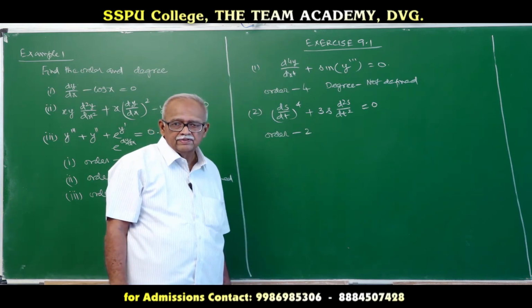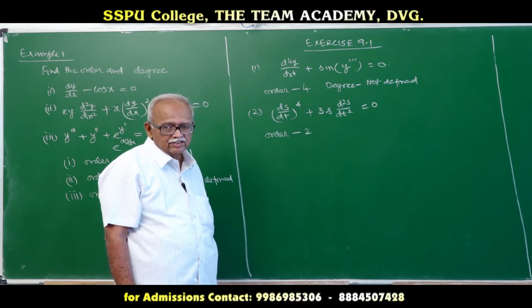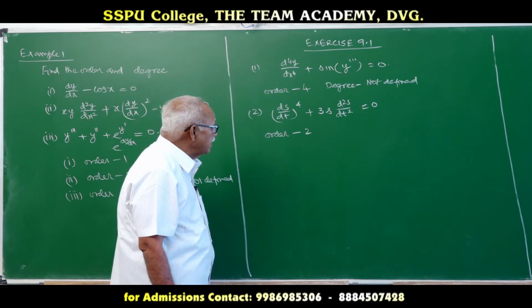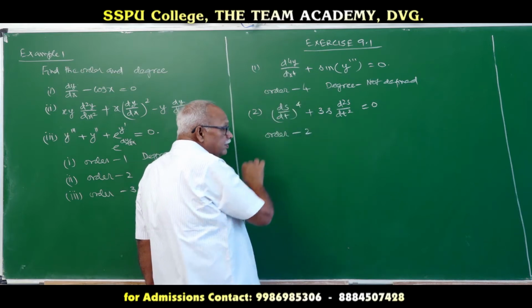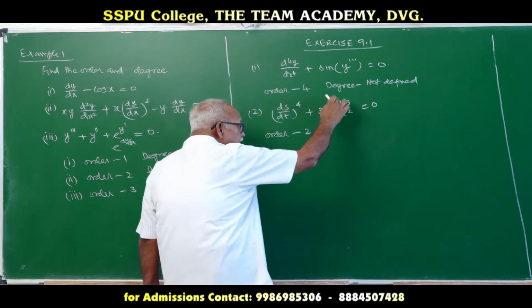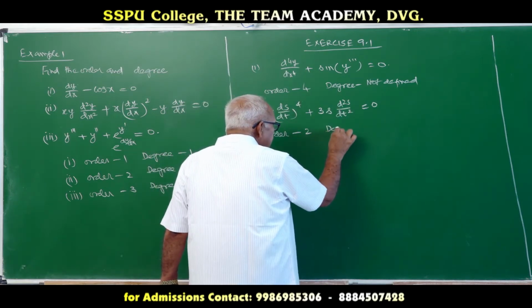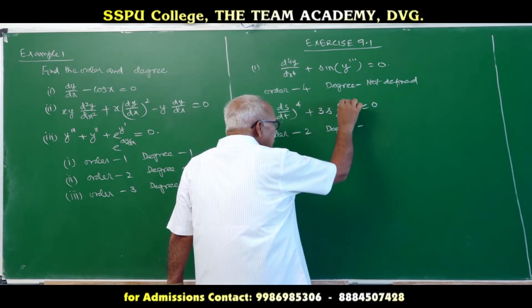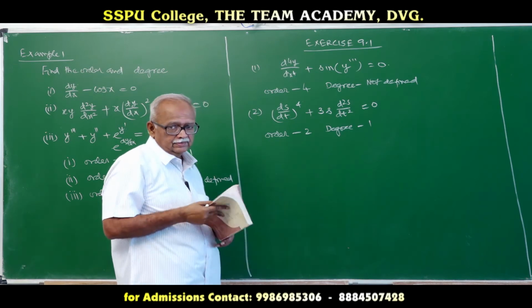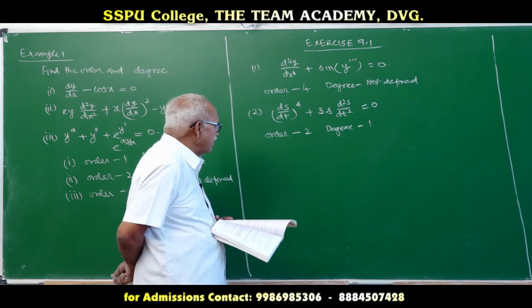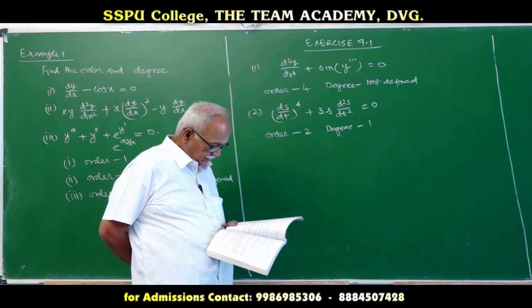What is the degree of the differential equation? Though the first order derivative has power 4, only the power of the second order derivative should be considered for the degree, because the highest order here is second order. The degree is 1 and the order is 2.